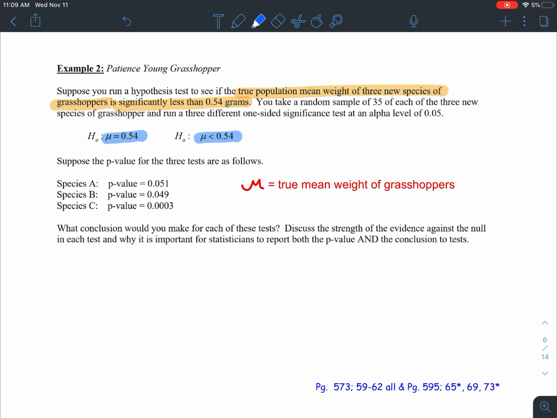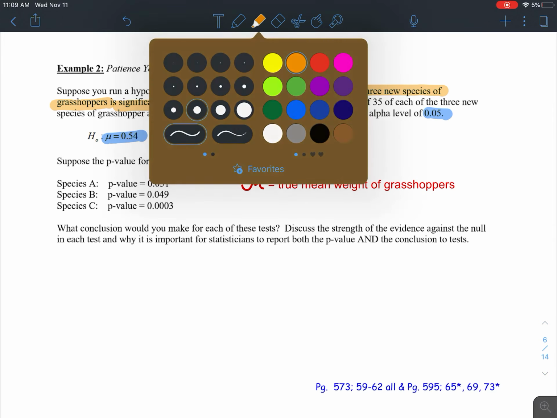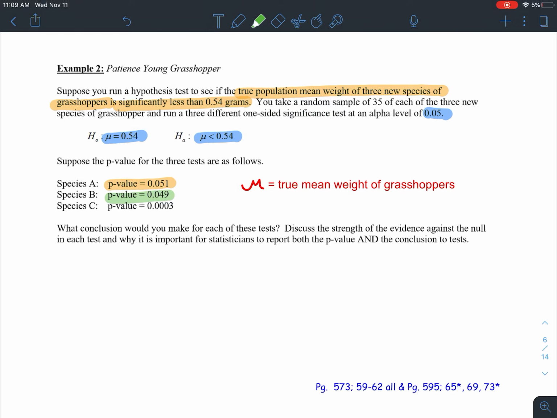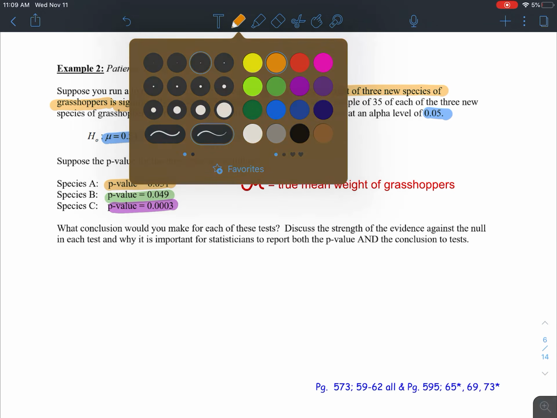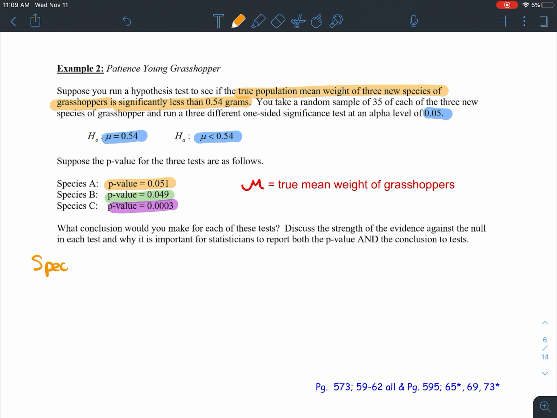It says you take a random sample of 35 of each of the 3 new species of grasshoppers, and you run 3 different one-sided significance tests, and here's our alpha level, 0.05. Then our results are this. Species A, that's our p-value. Here's our p-value for species B, and then for species C. We want to know what conclusion we would draw for each of these.